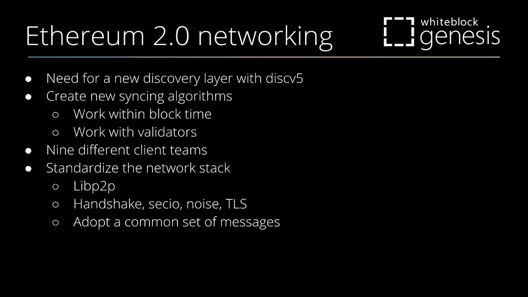Last but not least, we have to actually agree on a common set of messages. So the protocol itself needs to lend itself to all those syncing strategies and all those business needs of the consensus algorithm, so we can perform relatively short synchronization between clients, from propagation to catching up the chain. All those things need to happen using those messages.